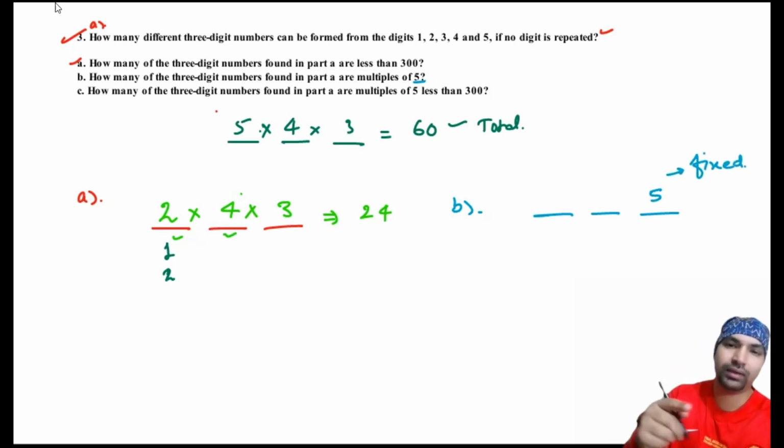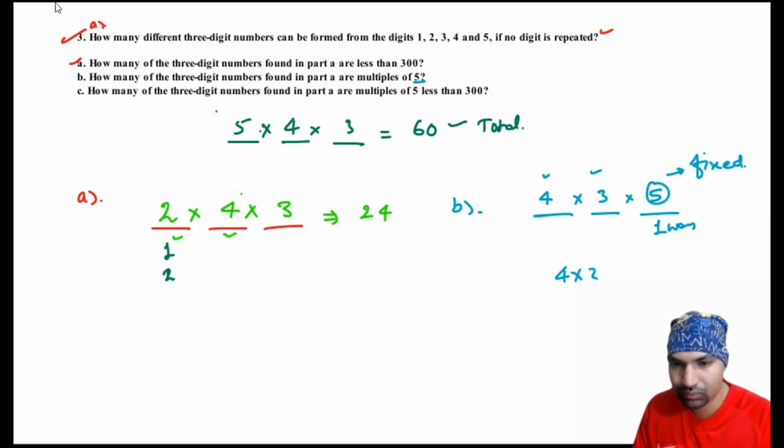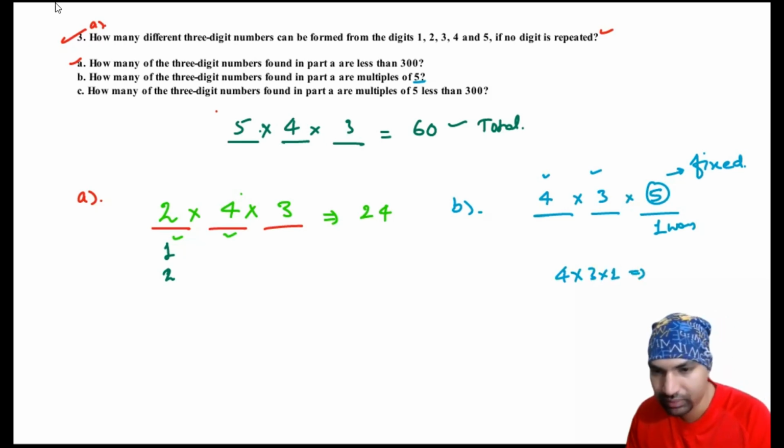And there is only one way to put this 5. Are you getting it? Now I have to think these first two places can be filled in how many ways? This can be filled in 4 ways and this can be filled in 3 ways. Okay, so this 5 is only 1 way. All right, so final answer 4 into 3 into 1, which is nothing but basically 12.